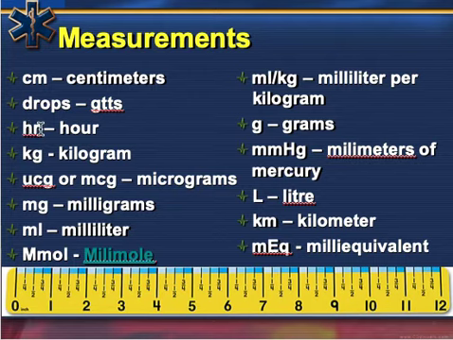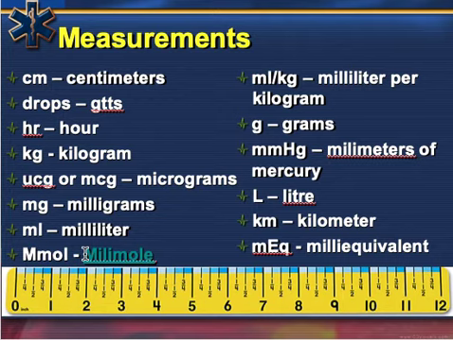Of course, lowercase hr refers to hour. Kg, kilogram. Micrograms. Micrograms can be written one of two ways. So it may be UCG or it may be MCG. Okay, so both of those do refer to micrograms. Mg refers to milligrams. ML refers to milliliters.